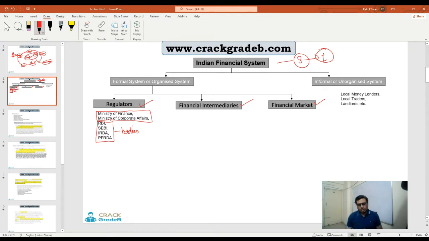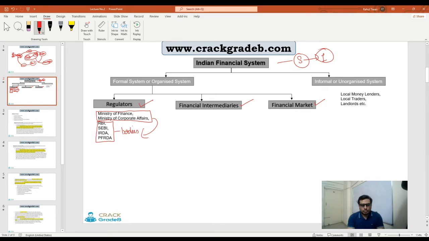Though they do not directly regulate things, they facilitate the regulators to function effectively. I repeat, they do not directly regulate things, but they facilitate all kinds of requirements of these regulatory bodies so that the regulatory body can function in the proper manner, right?